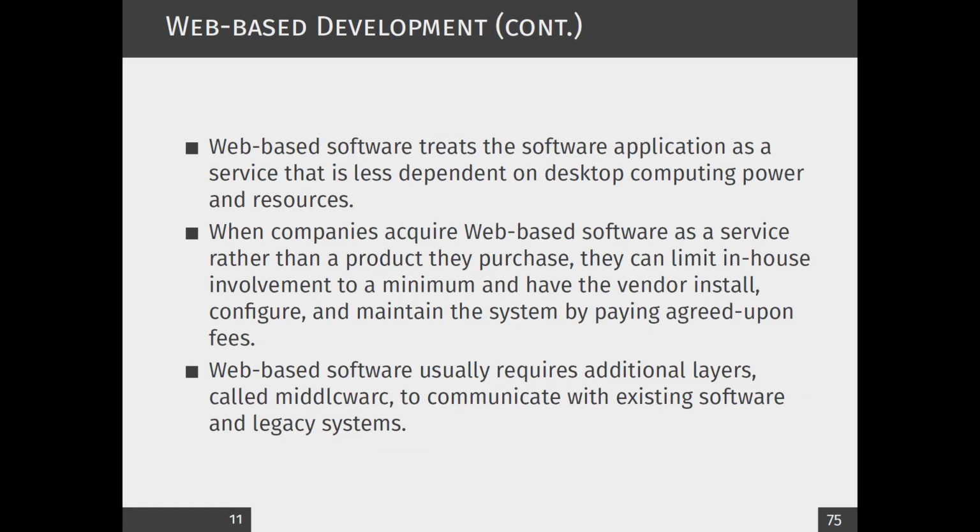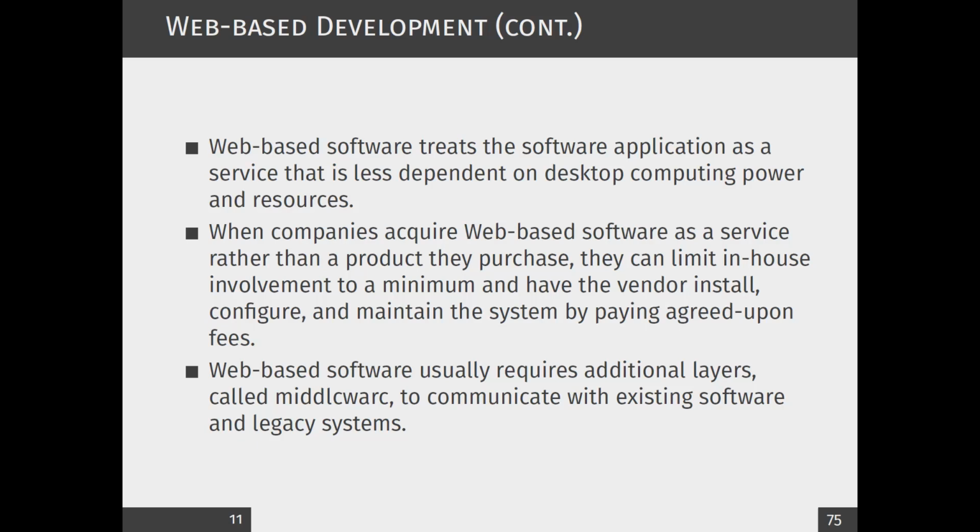Further, you can see web-based software treats software application as a service, and it's less dependent on what hardware you have on the premises, meaning desktop computing and the other resources. And when companies acquire web-based software as a service, they can limit the in-house involvement. So the cost is less and it's easier because you don't have the burden to maintain the software.